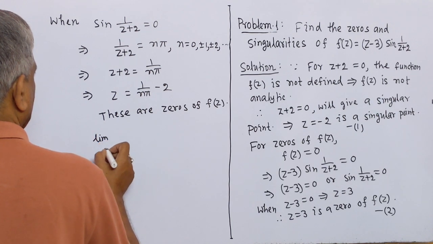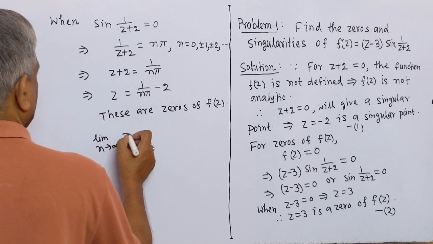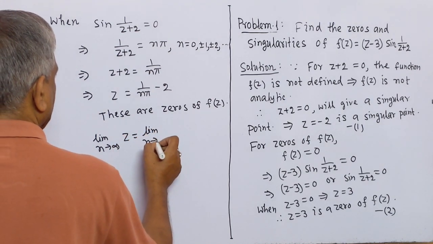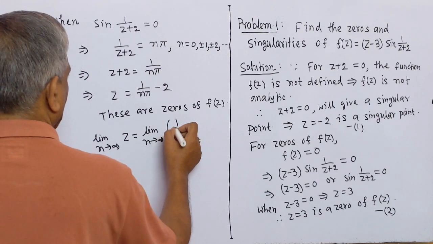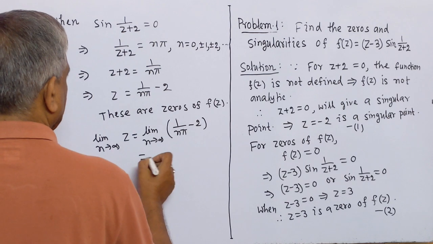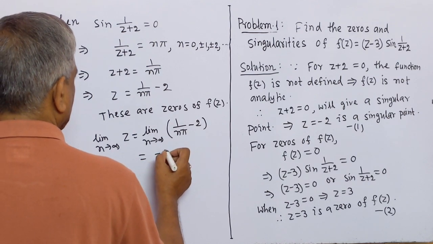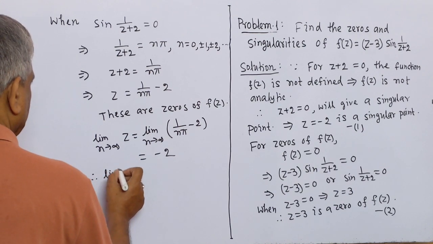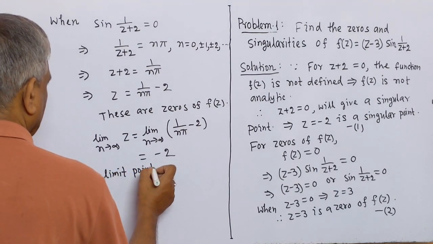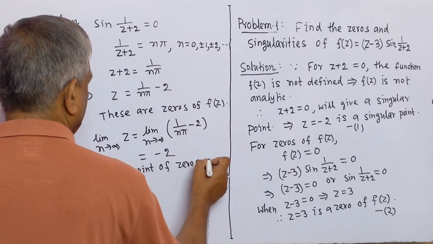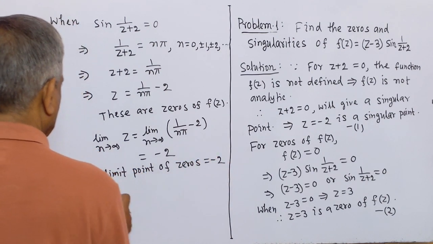Limit n tends to infinity, z equal to limit n tends to infinity of 1/(nπ) - 2 equals -2. Therefore, the limit point of zeros is -2.